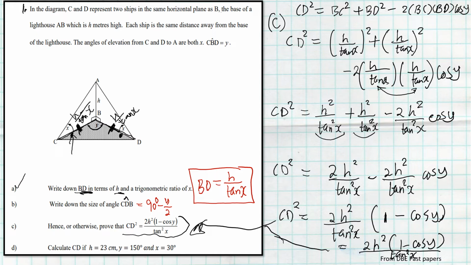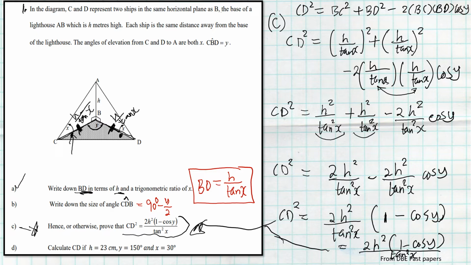It's our adjacent, and we have our opposite, and because we have a right angle there, we can use opposite over adjacent, which is tan x. So they just need this combined knowledge, and they won't give you clear guidance. You just need to connect the question with those rules. In this question they just say CD squared, so we had to connect it quickly with the cosine rule, because we know it can be used to calculate the length.